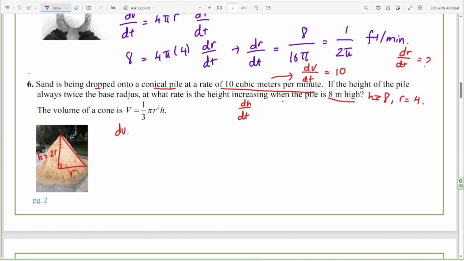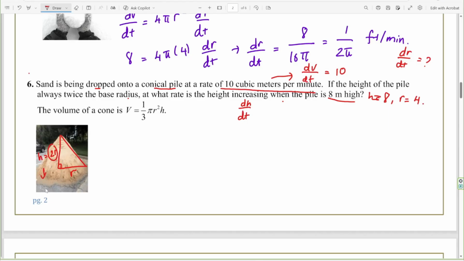Look, we have dv over dt equals 1/3 times 2rh dr over dt plus dh over dt times r squared, right? So we have dr over dt right here, but it's not given, so we stop right here, right? So don't do it this way. We need to use the information right here, right? The height is double the radius, right? So we need to convert every single thing in terms of height, right?